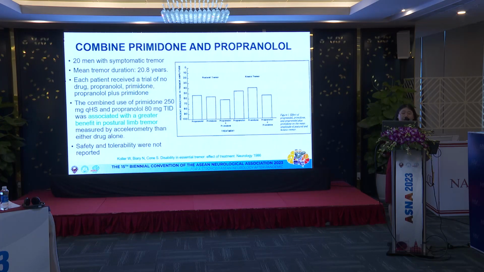Primidone combined with propranolol is considered second-line therapy in patients without adequate benefit from first-line therapy. In one study, the combined use of primidone and propranolol was associated with greater benefits than either drug alone.